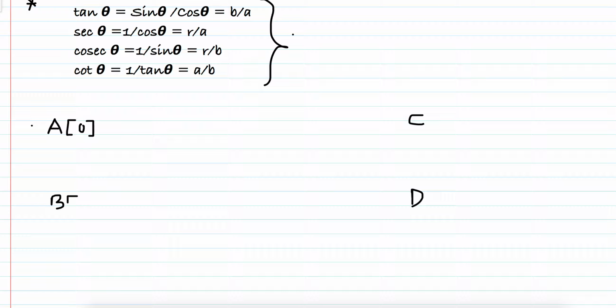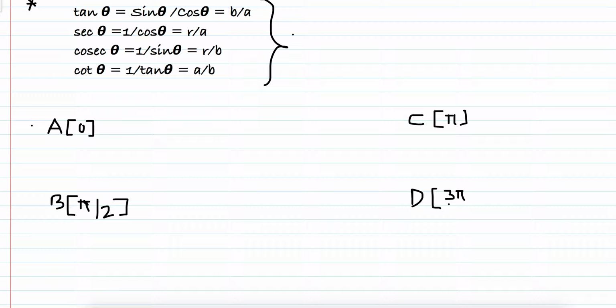At B we have pi by 2 radians or 90 degrees. C is pi radians or 180 degrees, and D is 3 pi by 2 radians or 270 degrees.